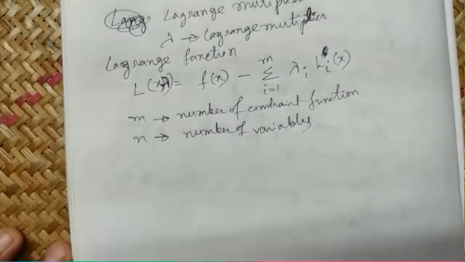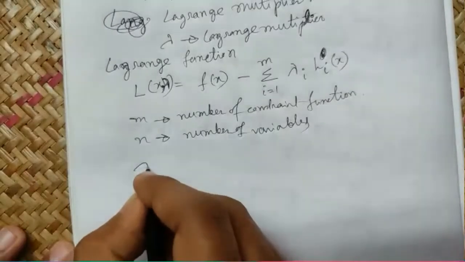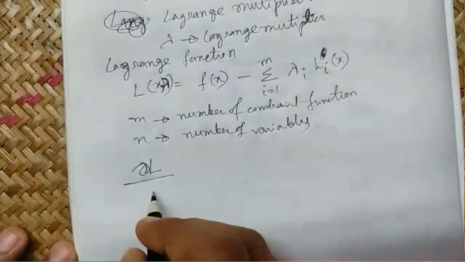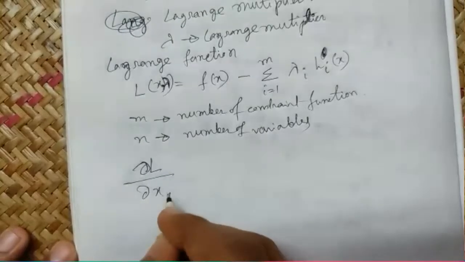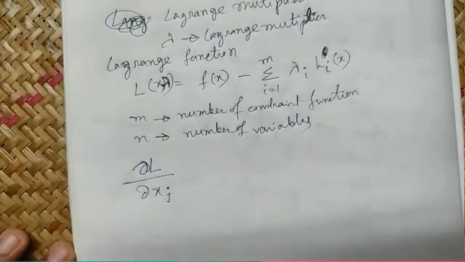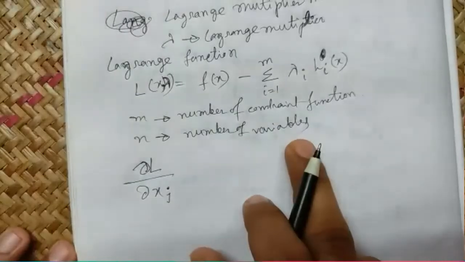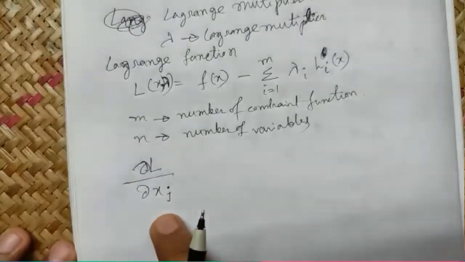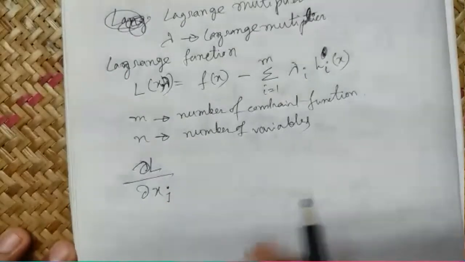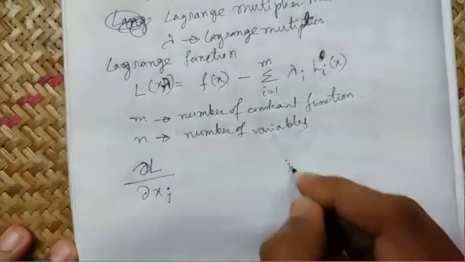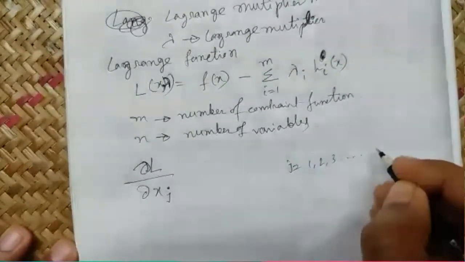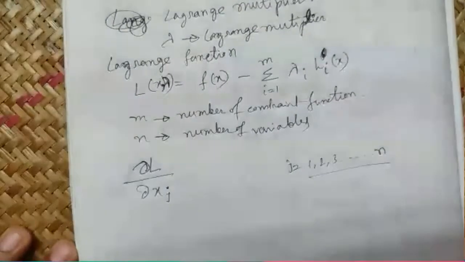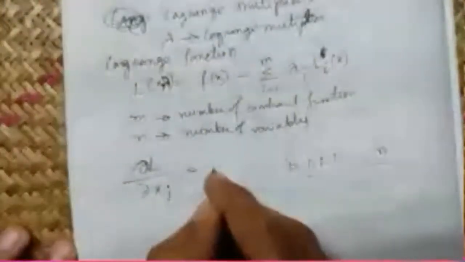So what we have to do is find the partial derivative of the Lagrangian function with respect to x_j, where j is equal to 1 to n. What is n? The number of variables. So if there are three variables x1, x2, x3, then we have to do delta L by delta x1, delta L by delta x2, delta L by delta x3, where j is equal to 1, 2, 3 and up to n, because there are n variables, and we'll equate with 0.